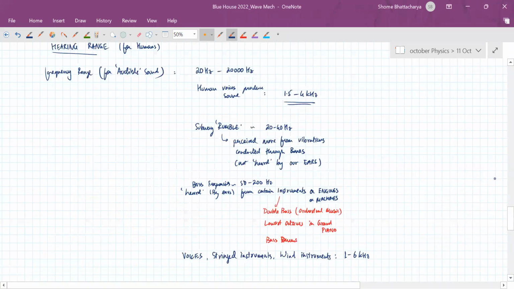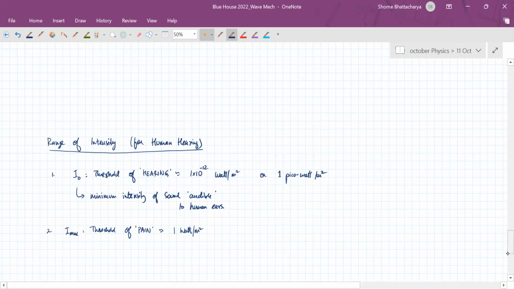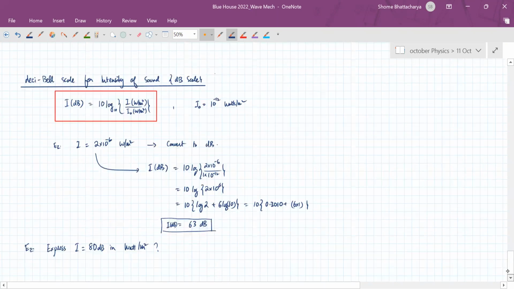Okay, I'll scroll up to that. But this is like this very general information. You don't need to remember any of this or make it part of your notes. So let's come back to this.